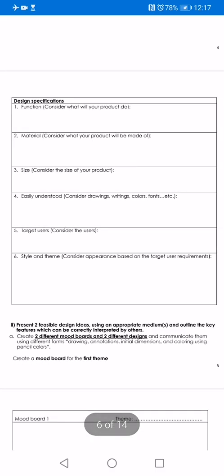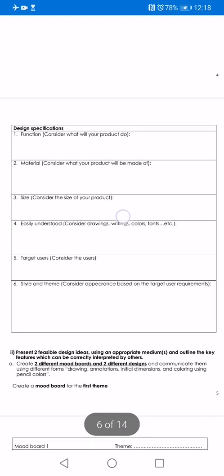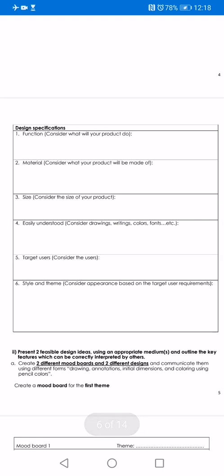Number 3 says the size. You need to consider the size of your product, meaning you need to tell me if you have a specific limited space for the clock, for example, at your client's room, for example, to put it. So are you limited in size? So how much do you want the size to be approximately, like medium, small, large, like do you want it to be very large?